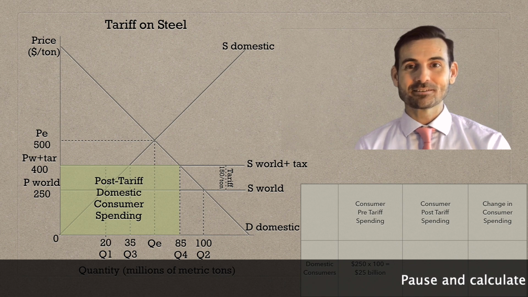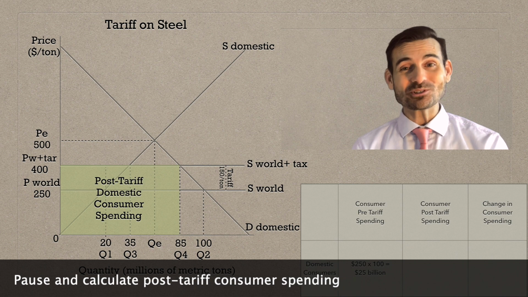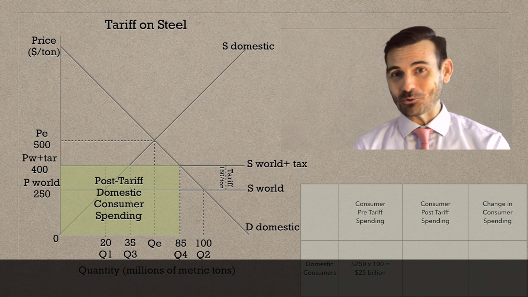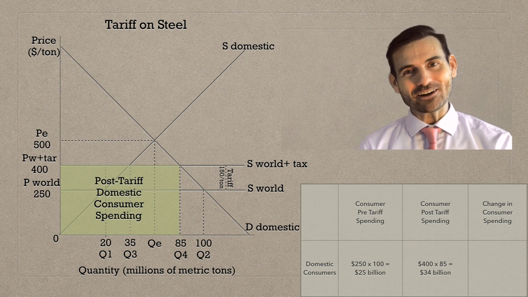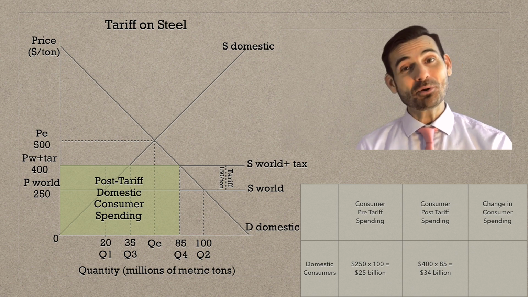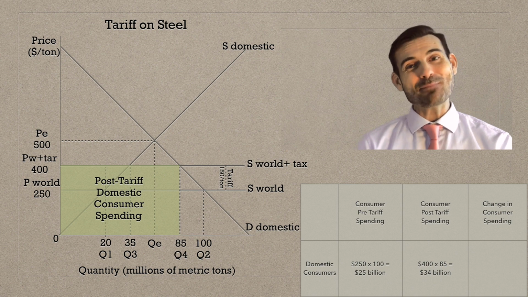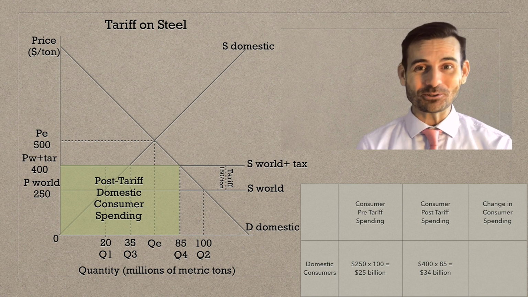Now notice that consumers are responsible for paying a higher price for goods and services due to the tariff. So if you ever hear any government official saying, we're going to put a tariff on some other country's goods and make them pay for it, that's not entirely true.